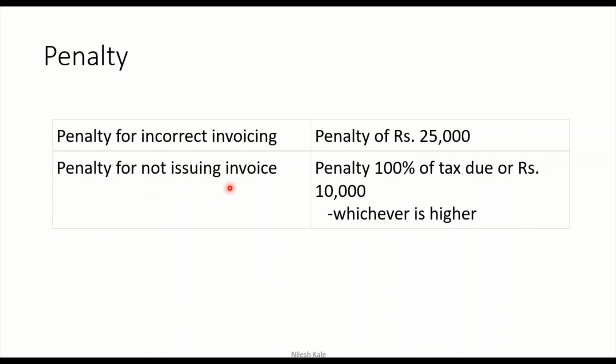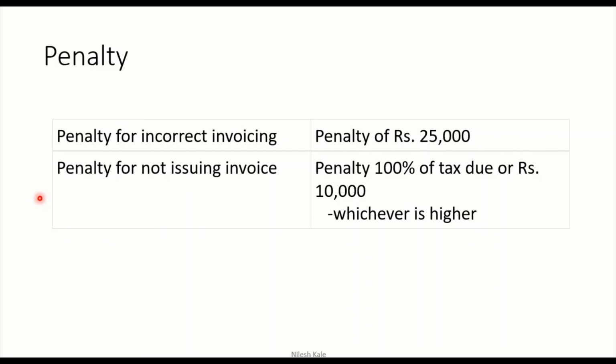Penalty for not issuing invoice: you have made the transaction but you are not issuing invoices, then a penalty of 100% of tax due, or rupees 10,000, whichever is higher. It means minimum 10,000 you have to pay as penalty.